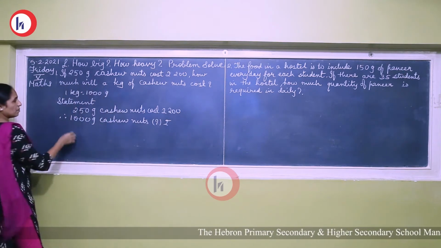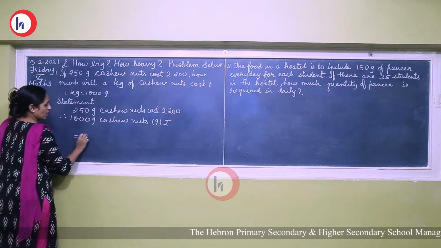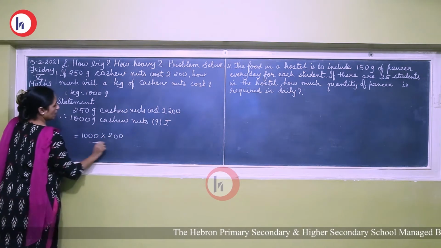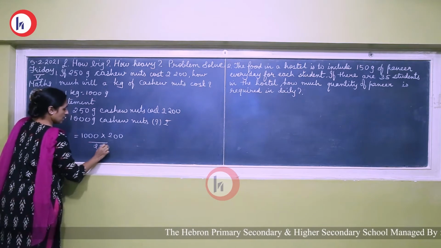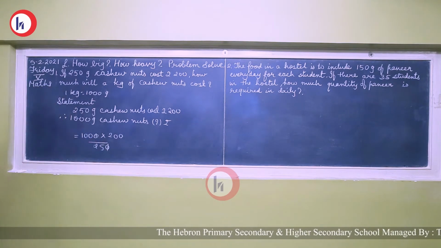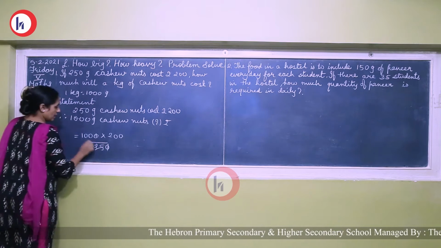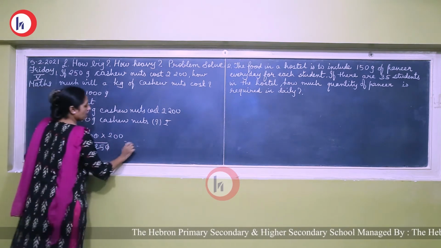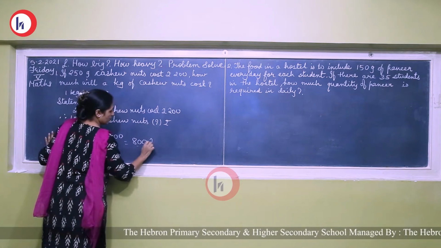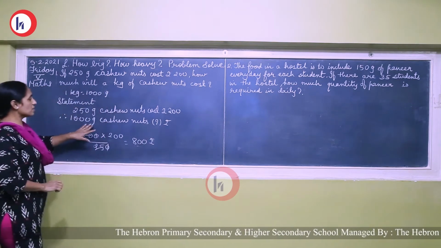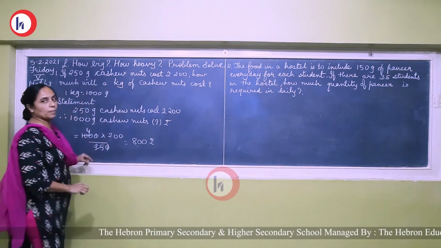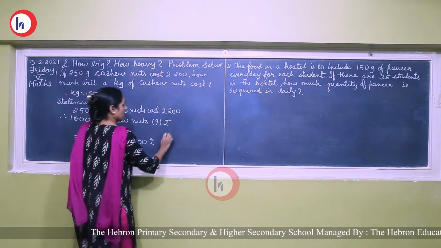Here it is cross multiplication. So 1000 multiplied by 200 upon 250. 25 fours are 100. And 4 into 200, that means 800 rupees. So 1000 gram cashew nuts cost rupees 800. That means 1 kilogram cashew nuts cost rupees 800.